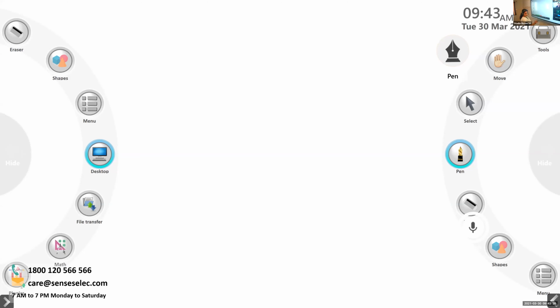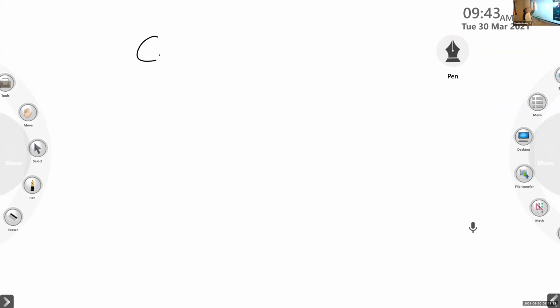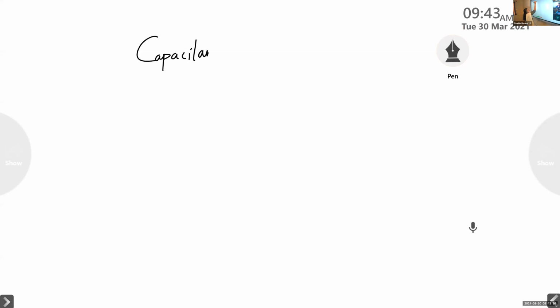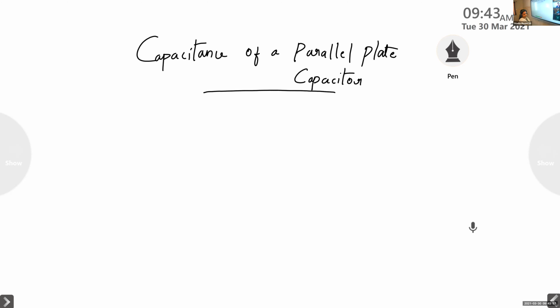So all of you write the next heading, that is capacitance of a parallel plate capacitor. In order to explain the capacitance of a parallel plate capacitor, first of all, we can consider a capacitor.